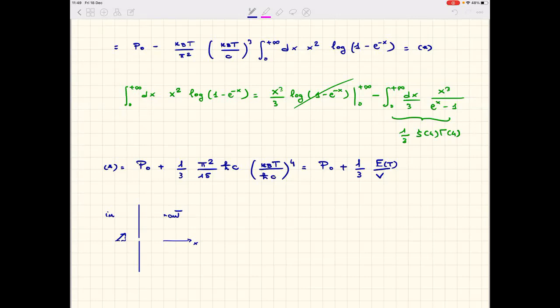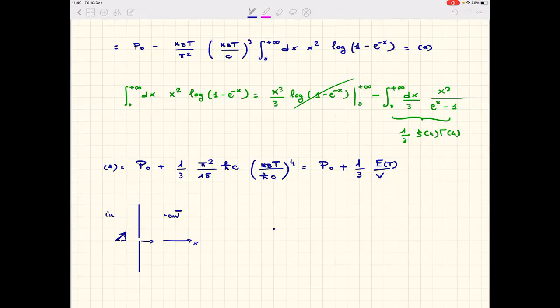So what I have to do is essentially compute, when they get out, the velocity projected in the perpendicular direction.